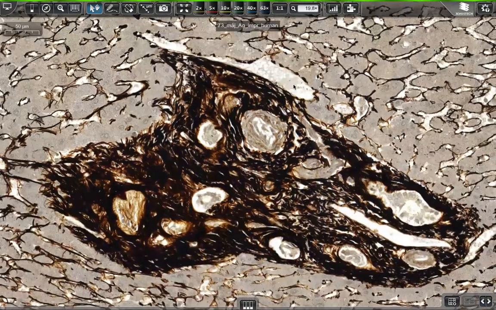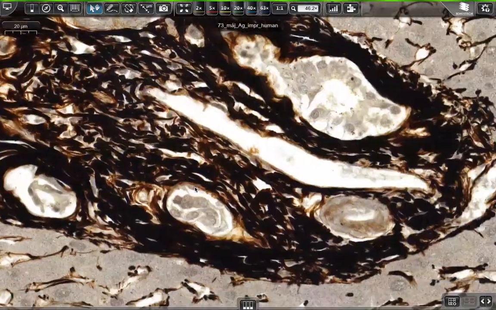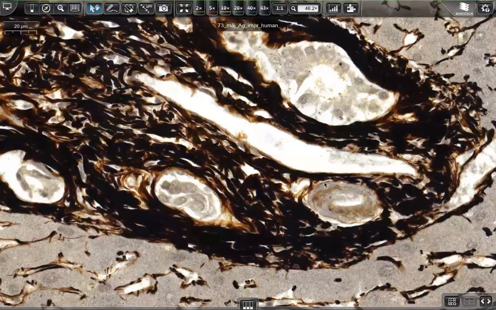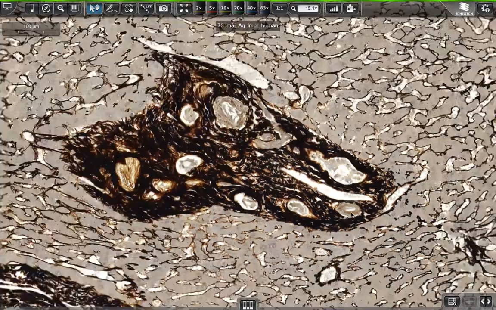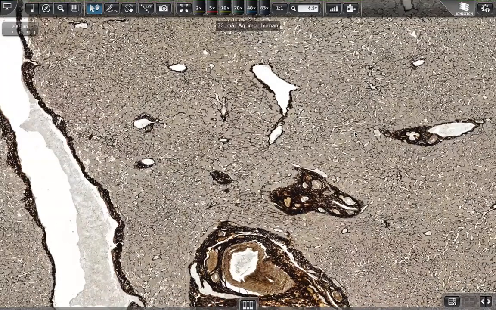And there is a vein. There is another vein. Here we have the duct as well. That is an artery because of the thicker muscular wall. But on this slide, eventually, the importance is the space of Disse, the reticular type of the connective tissue fibers.